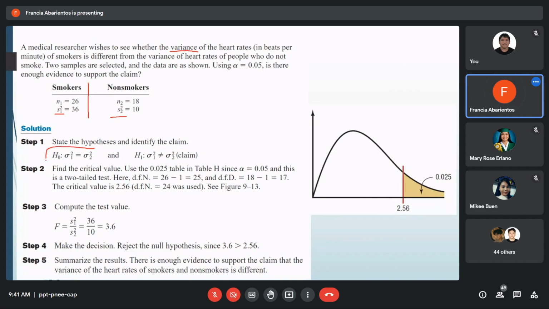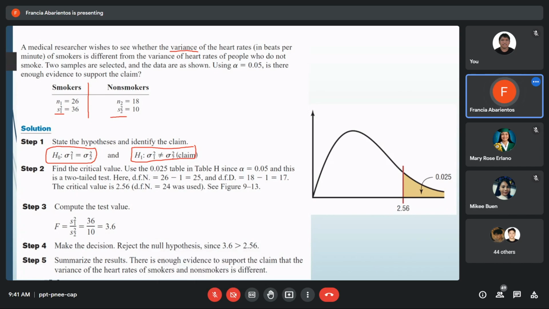First one, equal yung null hypothesis natin, or there is no significant difference between the two variances. And the second one, or yung claim natin, there is a difference between the two variances, or the first one differs or is not equal to the second one. Okay? Finding the critical values.